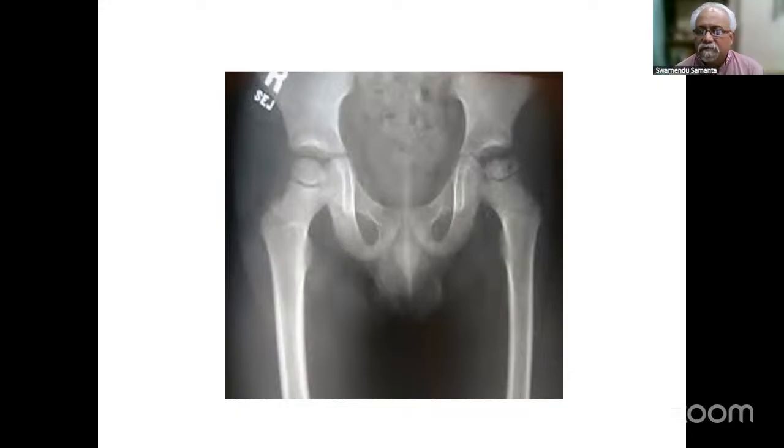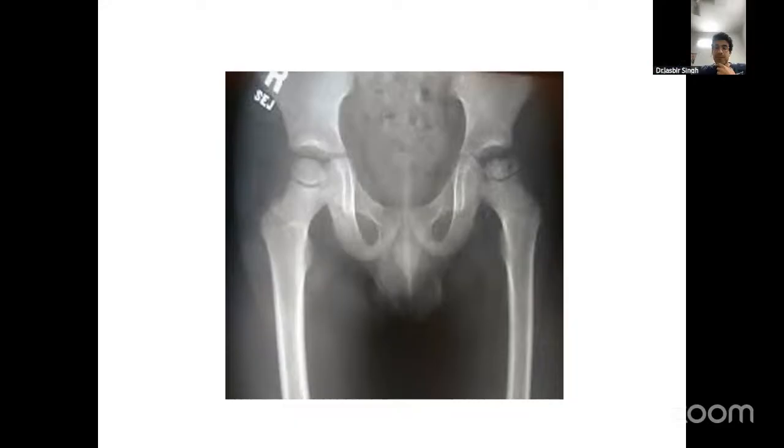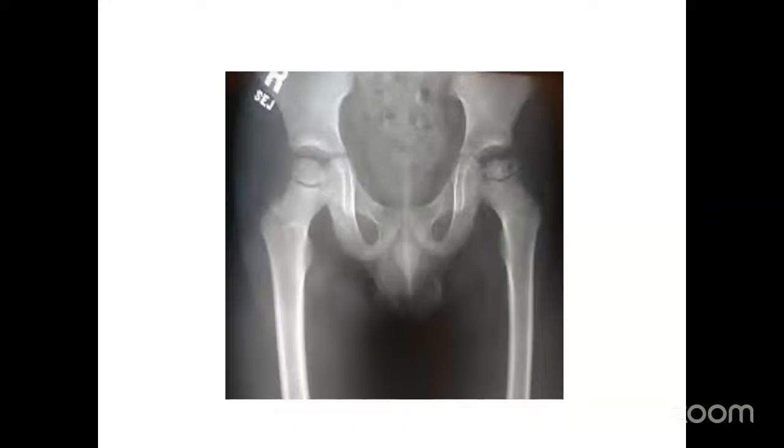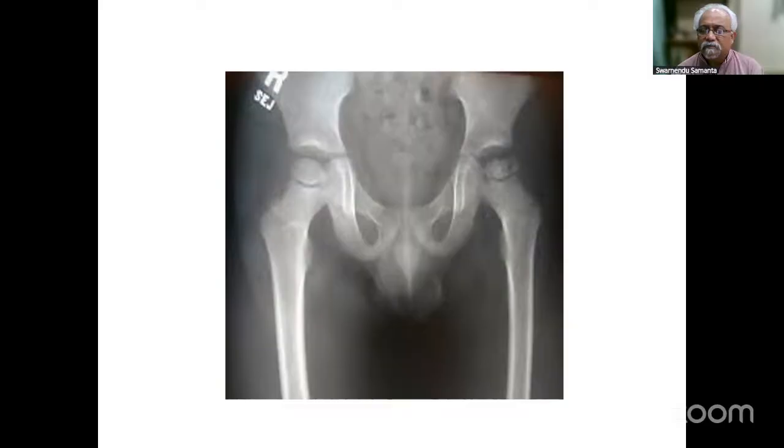Suppose you are given this radiograph in the exam. How will you present the radiograph? This is a plain radiograph of skeletal. I told you I don't have to say plain. This is the radiograph of pelvis with bilateral hip joints in an immature skeleton. I told you about mature and immature.